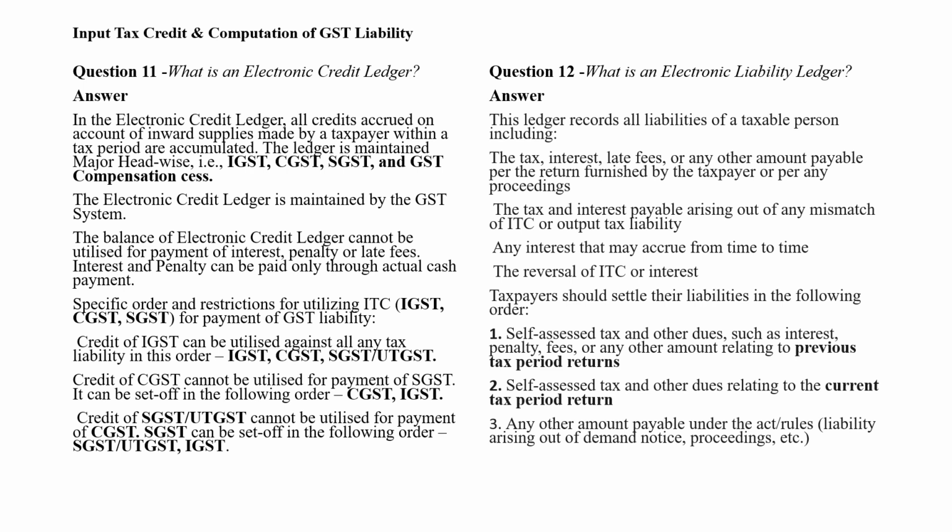Credit of SGST and UTGST cannot be utilized for payment of CGST. Very important. So SGST can be set off in the following order: SGST and UTGST and IGST.